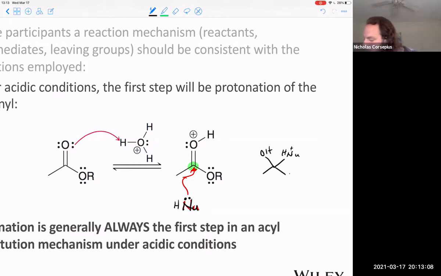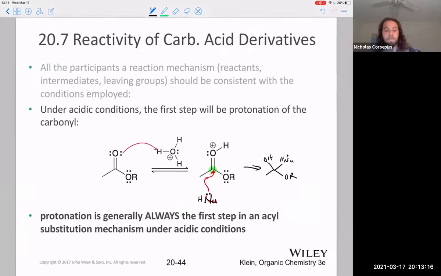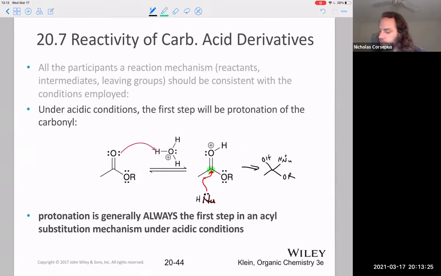So again, a key feature of those acidic mechanisms. Protonation of that carbonyl oxygen will be the first step under acidic conditions for our carboxylic acid derivatives, just like it was for aldehydes and ketones.